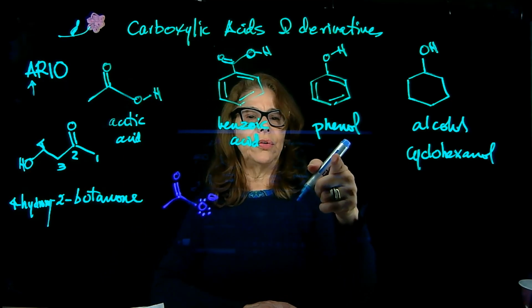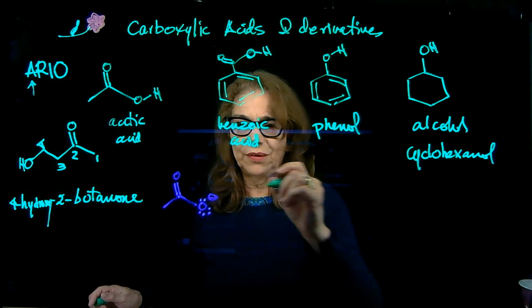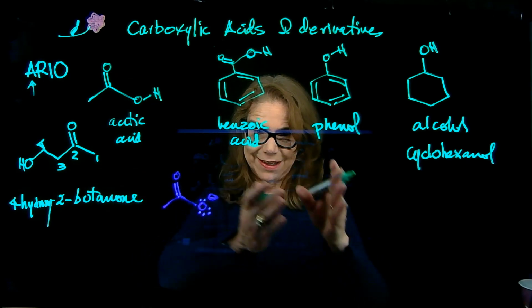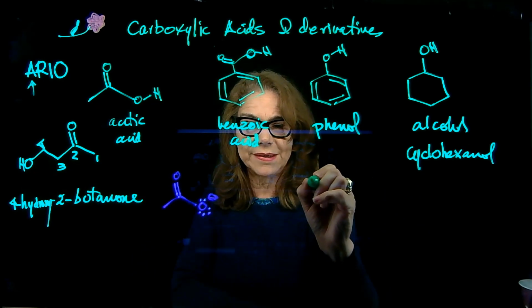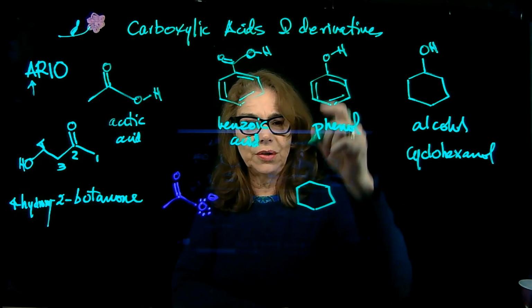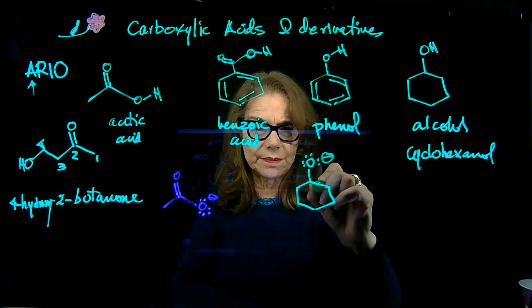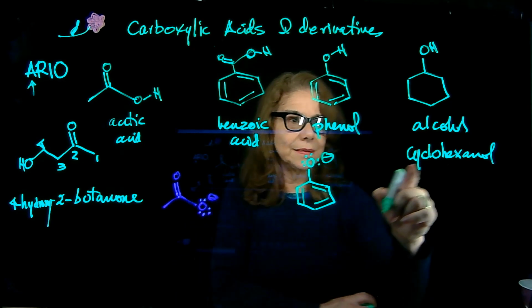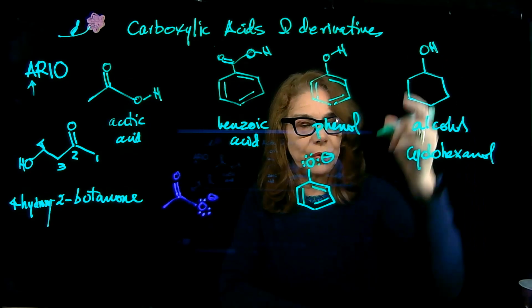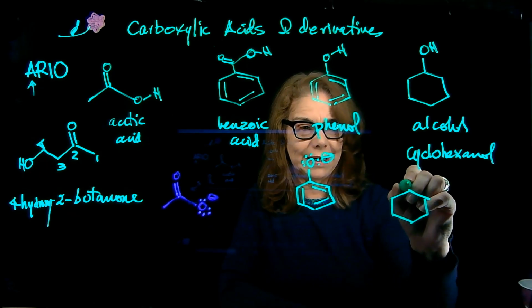Now I'm going to draw the conjugate base of phenol. So I'm going to grab a carboxylic acid, a phenol, and an alcohol for my example about acidity. For the conjugate base, you remove that one proton, and here you will have phenolate. Lastly, in the alcohol, if you remove the acidic proton, you will get an alkoxide.